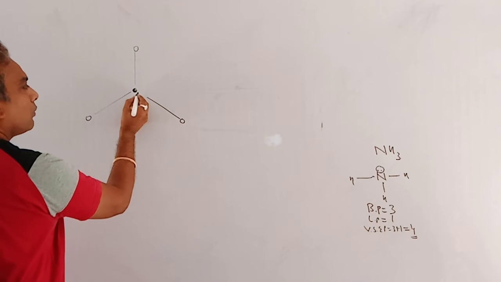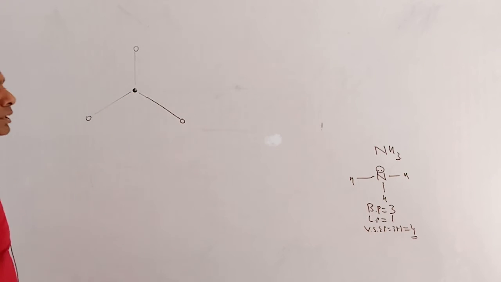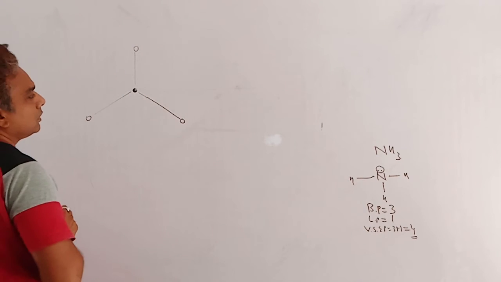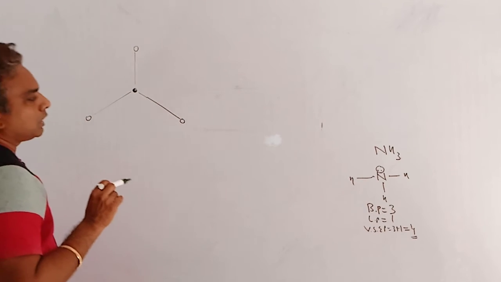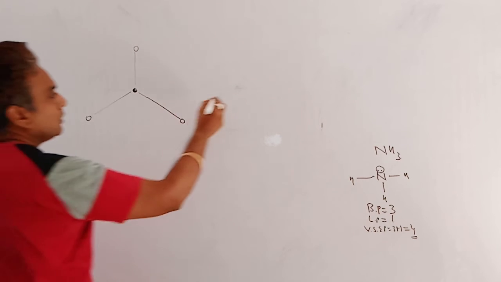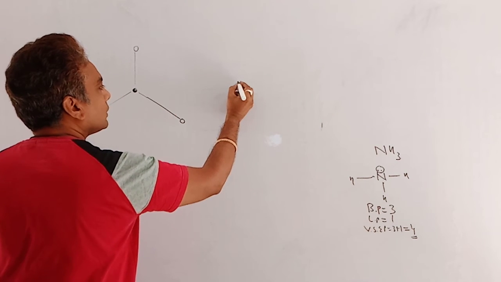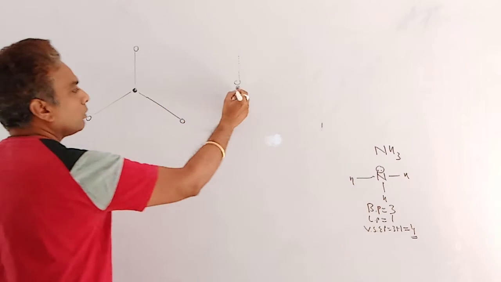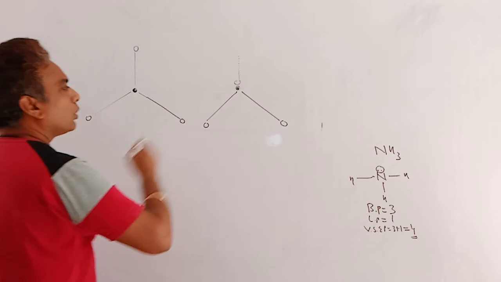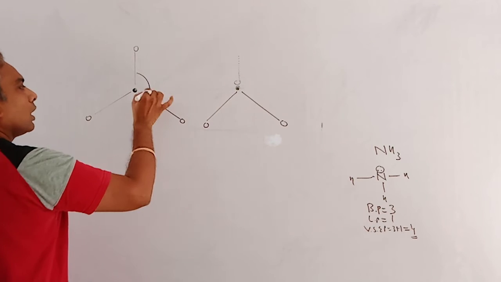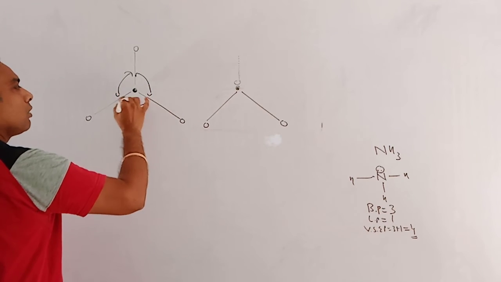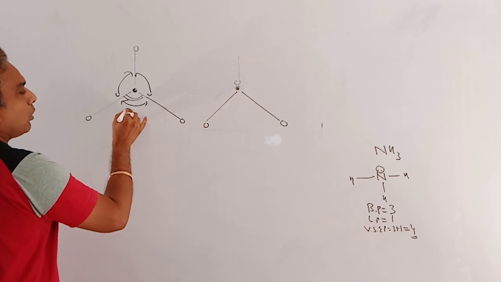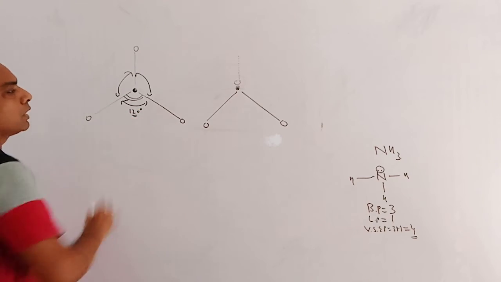So the arrangement of 4 atoms is like this. Central atom is at the center of the triangle and all terminal atoms are at the corners of the triangle. So the maximum distance between each atom is maintained. But if one bond pair is replaced by a lone pair and the left 2 are bond pairs, like this. Here are all bond pairs, so repulsion will be cancelled out. So the bond angle between each bond is 120 degrees.